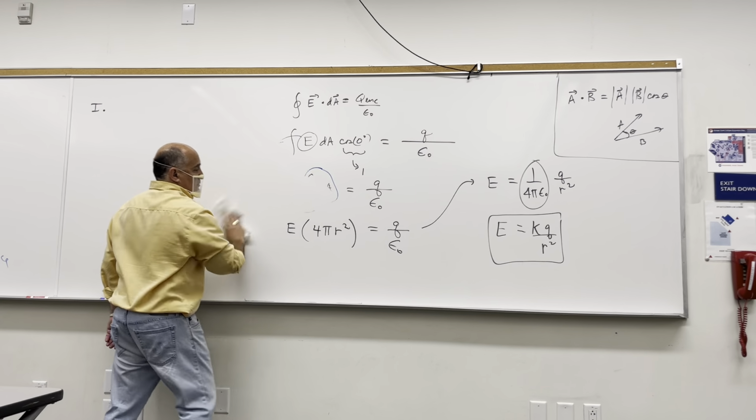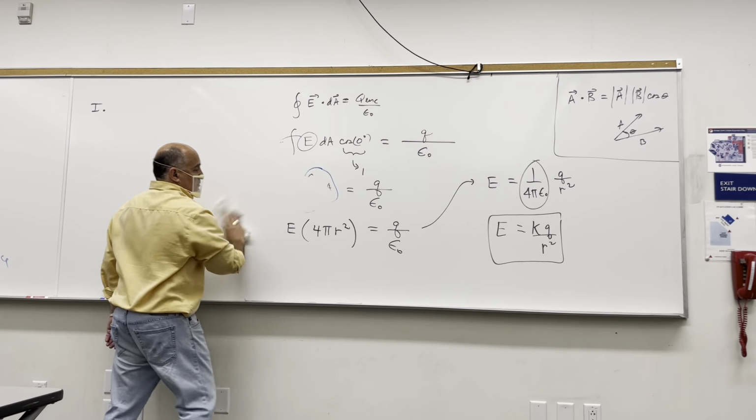If you imagine the correct surface, this just becomes E times an area. So this is E, the electric field that I'm trying to find out. At this point, there's an electric field pointing away from the charge because the charge is positive. Then I multiply by the area of the Gaussian surface, whose radius is r.